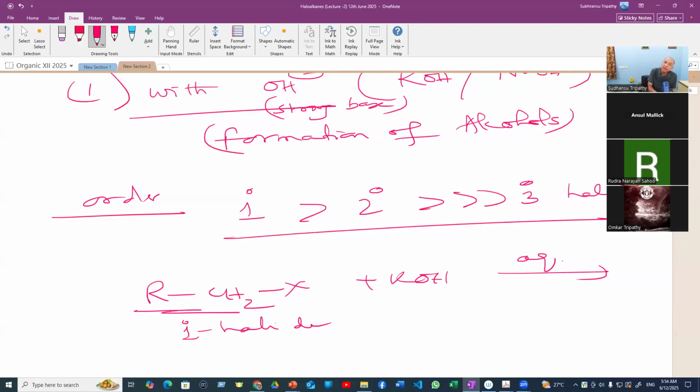If you are taking aqueous KOH, the NCERT book is nowhere writing that it will give you tertiary butyl alcohol. It is writing specifically for ethyl chloride or ethyl bromide. If you add aqueous KOH, you will get ethyl alcohol. But if you take alcoholic KOH, you will get ethylene. That is not correct.